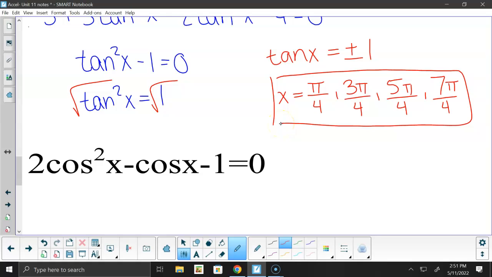You meant all of the tangents that are over 4? Yeah. So remember how everyone looked at that one and kind of panicked a little? Not as bad as we thought.